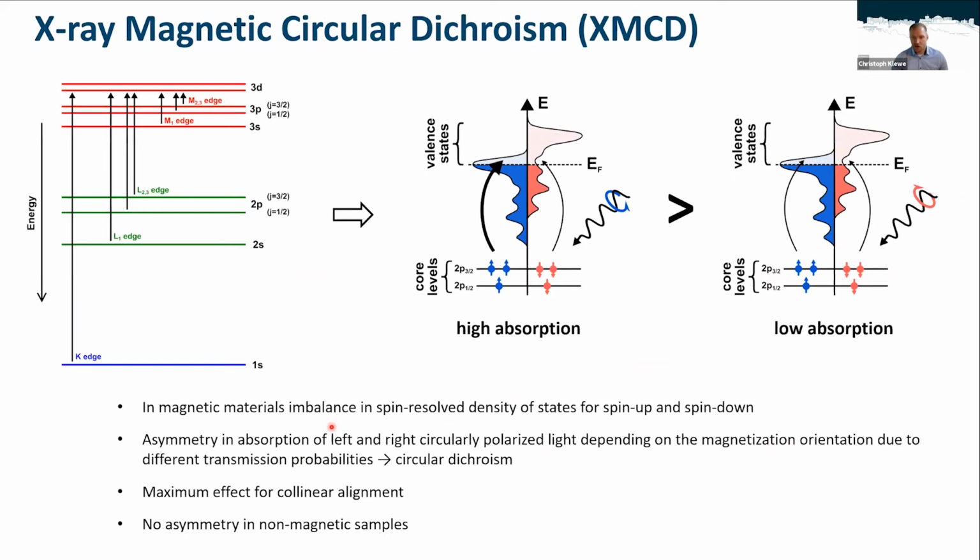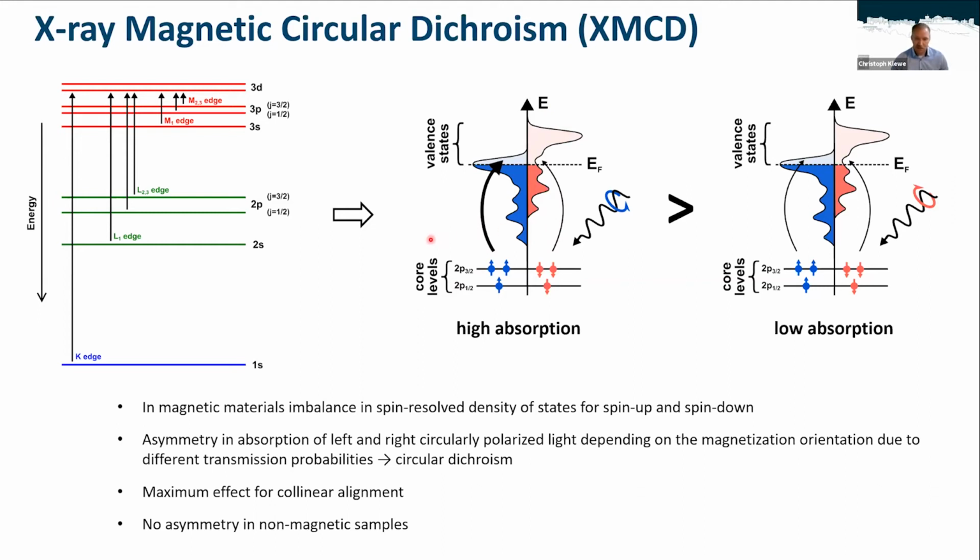Now, so far, these absorption processes that I've talked about are all independent of the X-ray polarization. However, by using circularly polarized X-rays, we can gain additional sensitivity to the magnetic moments in a material. So the spin resolved density of states in a magnetic material typically exhibits an imbalance in the spin up and the spin down states, which is sketched here in this density of states.